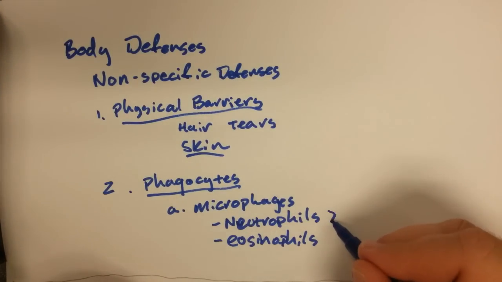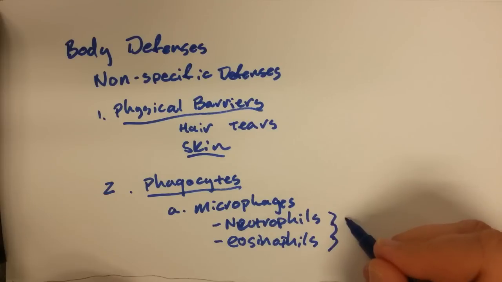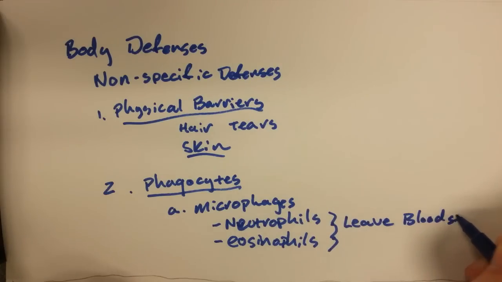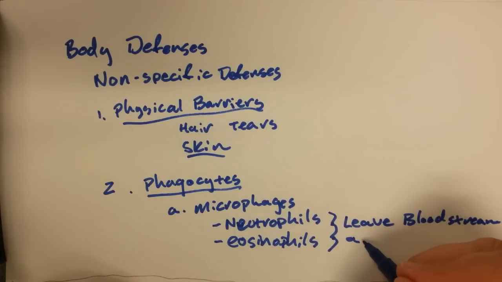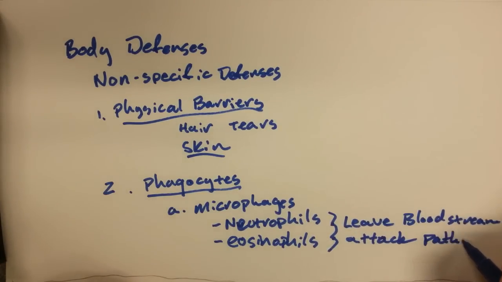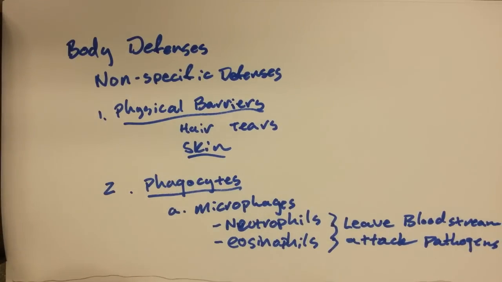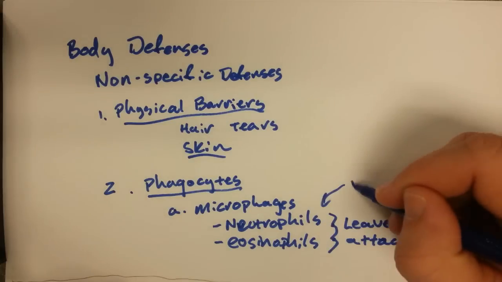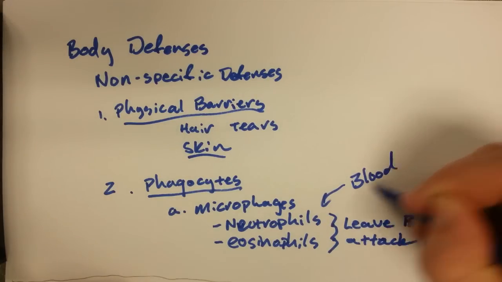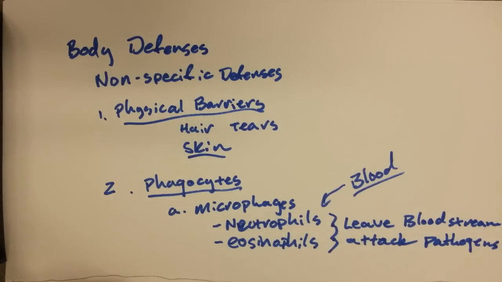And these together, they leave the bloodstream and attack pathogens, right? And we talked about these during the blood chapter, so I'm not going to go into great detail with those.